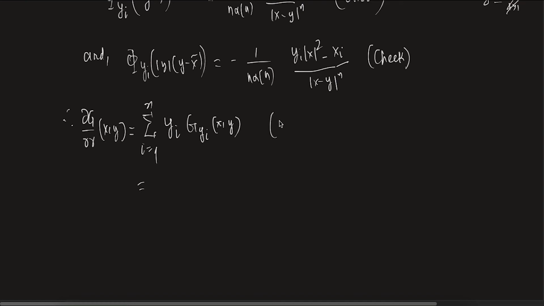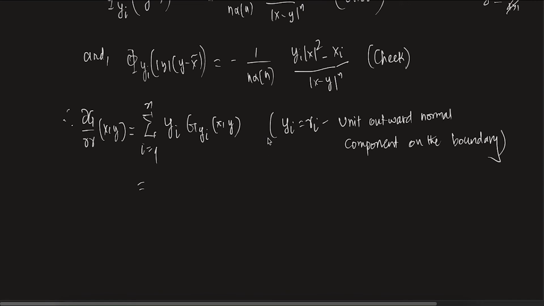So yi equals gamma, the unit outward normal component on the boundary. Clear? So that is this.